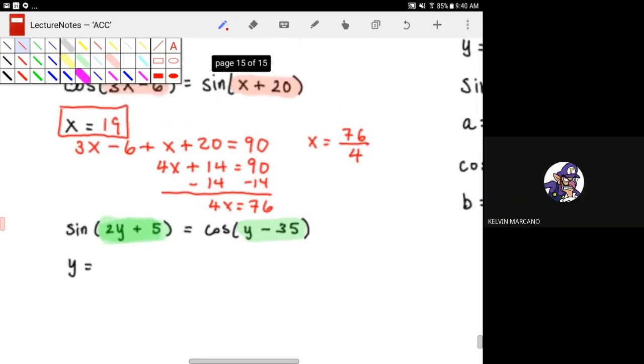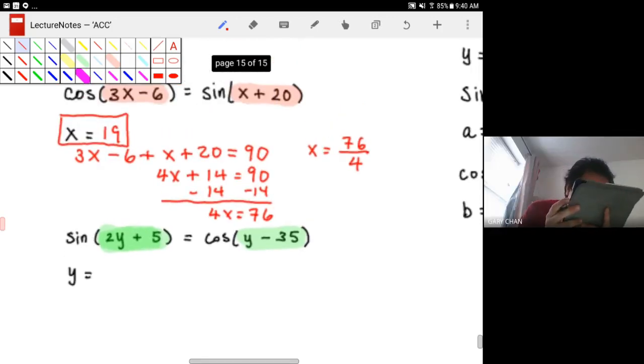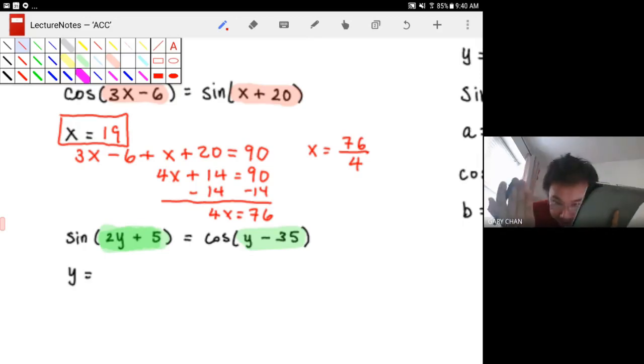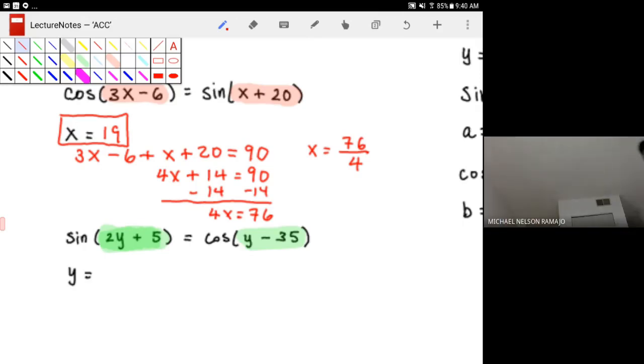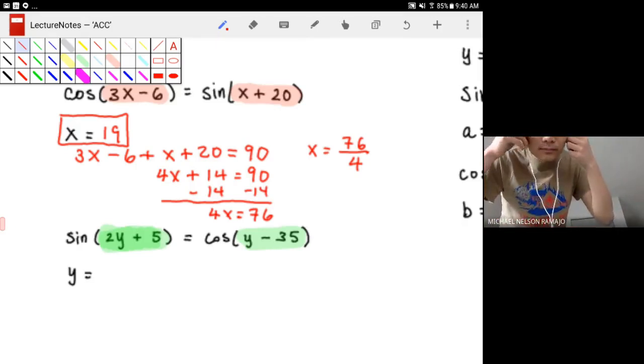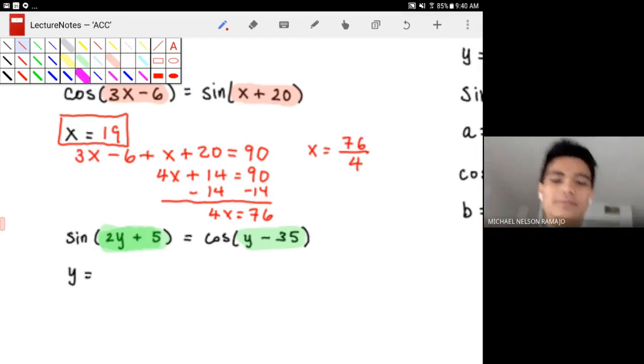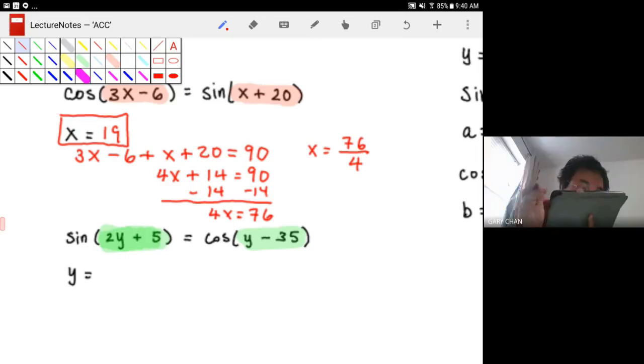The stuff that I'm highlighting in green, are they going to be the same things, or do they add up to something? And if they do add up to something, what do they add up to? They do add up to 90.